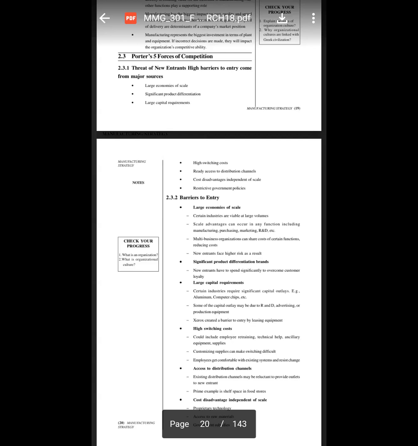We just want to know what problems we are going to face. See, large economies of scale, significant product differentiation, large capital requirement, high switching cost, ready access to distribution channels, cost disadvantage independent of scale, and restrictive government policies. These are all important factors.